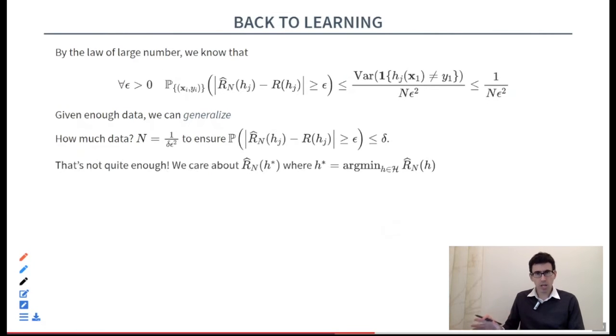Now, are we done? Not quite, unfortunately. What we've proved is not quite enough, because what we care about is not just saying that we can generalize a given model Hj. What we care about is proving that we can generalize the best model H star that we find by empirical risk minimization.